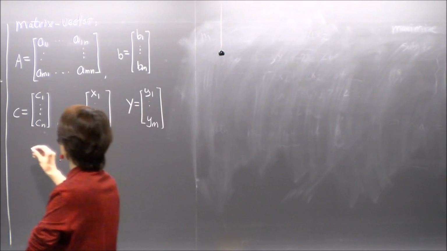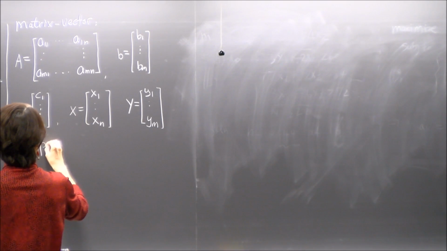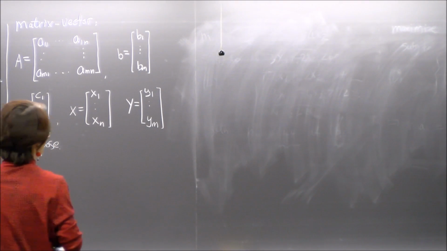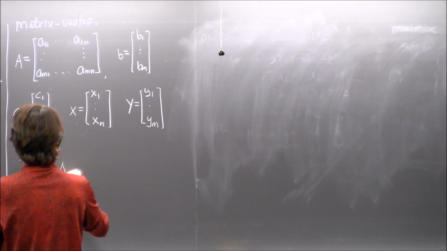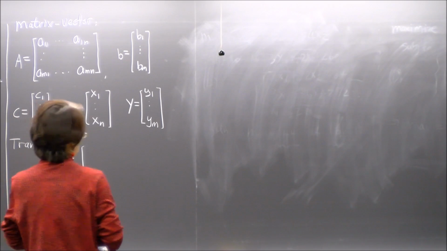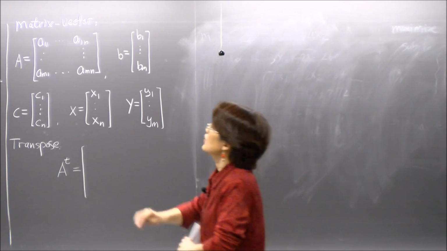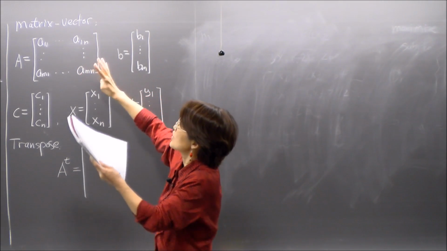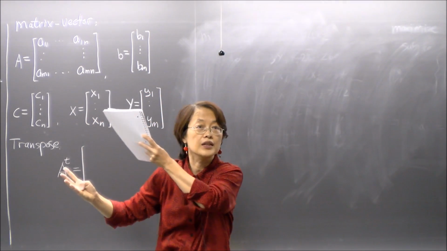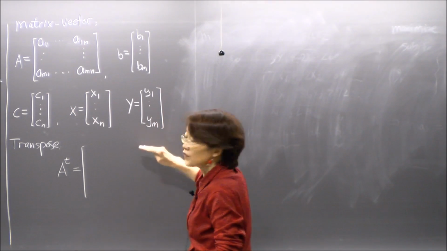All right, I am sure you know what a transpose of a matrix is. If I write A with a T on the top, then I transpose the matrix. You can think you have this A matrix, and then I just flip it and rotate 90 degrees. So the first column here will be the first row.